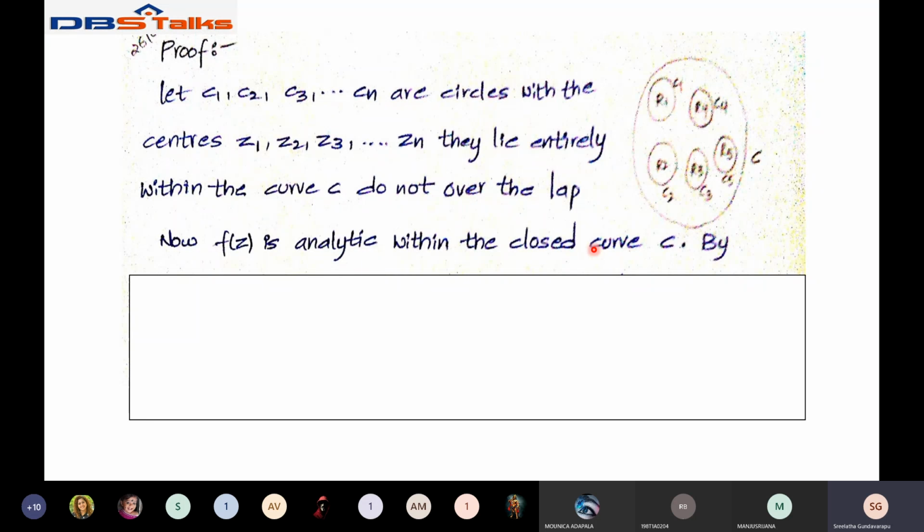They lie entirely within the curve C and do not overlap. So all the circles C1, C2 and so on Cn are within the closed curve C. Now f of z is analytic within the closed curve C. Then we use Cauchy's integral theorem.